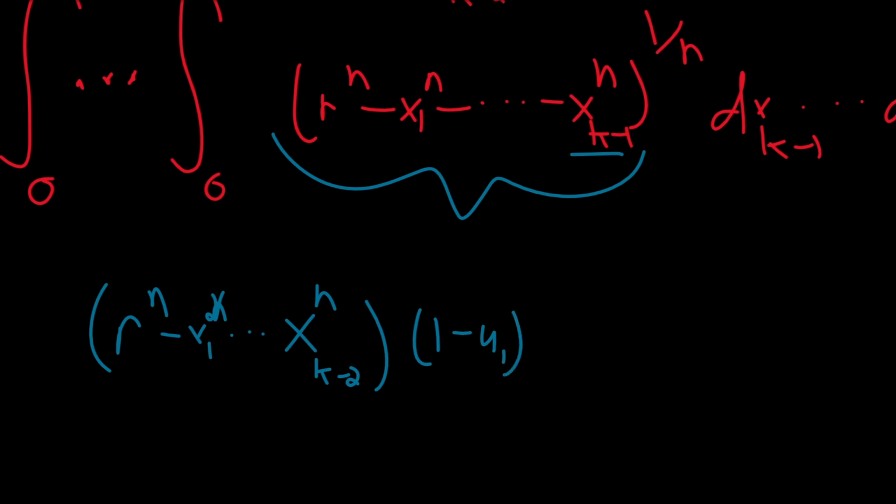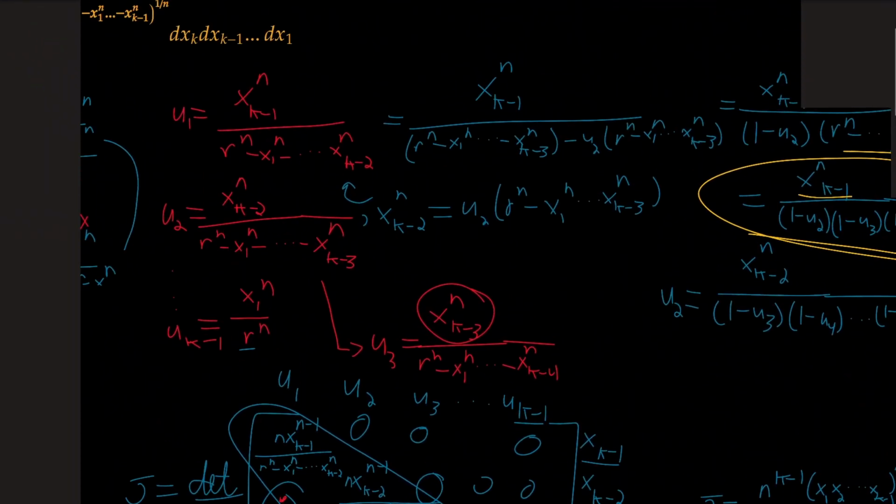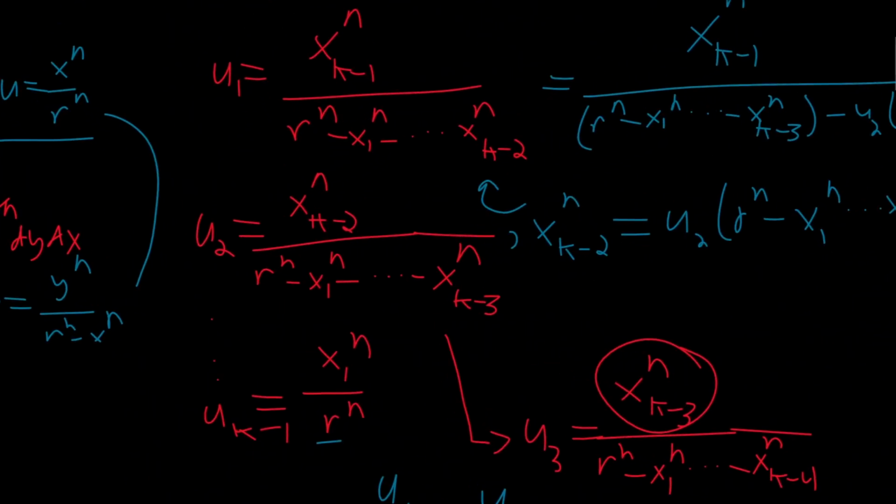But you'll see that we can just continue the pattern as we have before. We can say that x_{k-2}^n is equal to u2 times all of that.